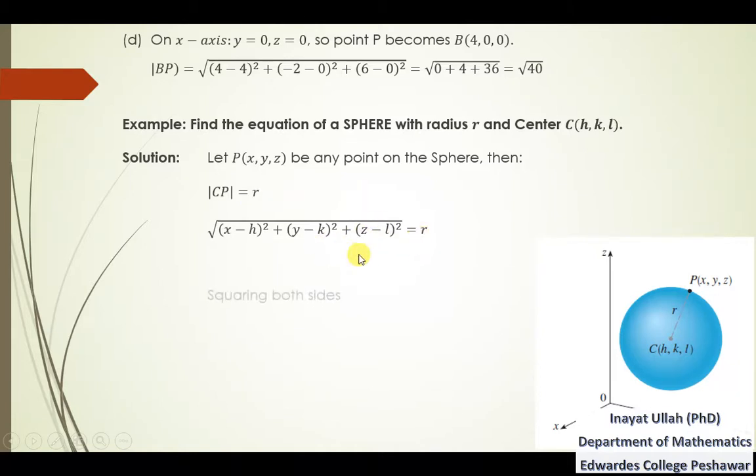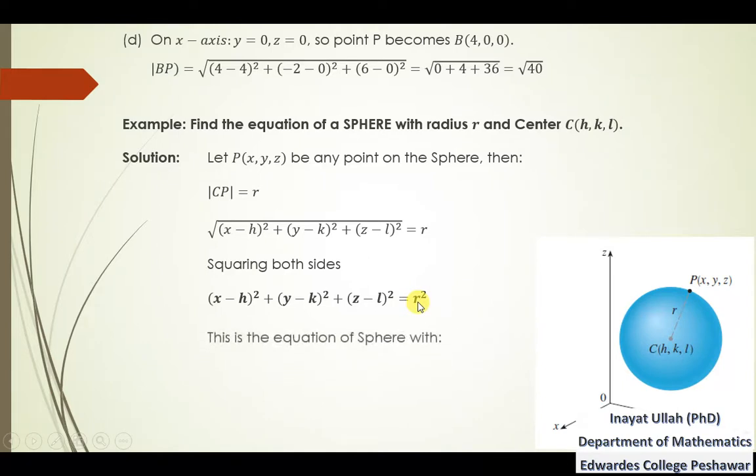Now squaring both sides, if you take the square of this side, this square root will vanish, and on that side we will get r square. That is actually the equation of this sphere. This equation represents this sphere whose center is (h, k, l) and whose radius is r. So this is the equation of a sphere with center (h, k, l) and radius r.